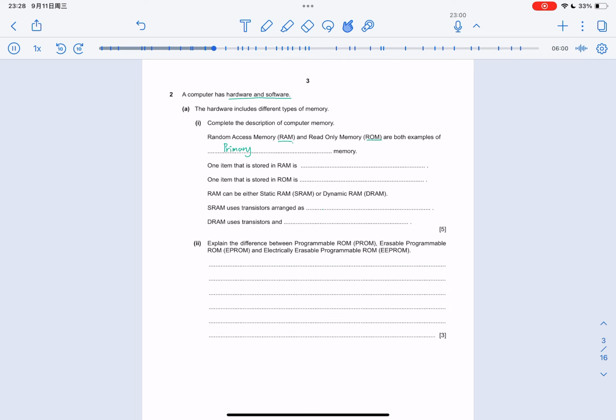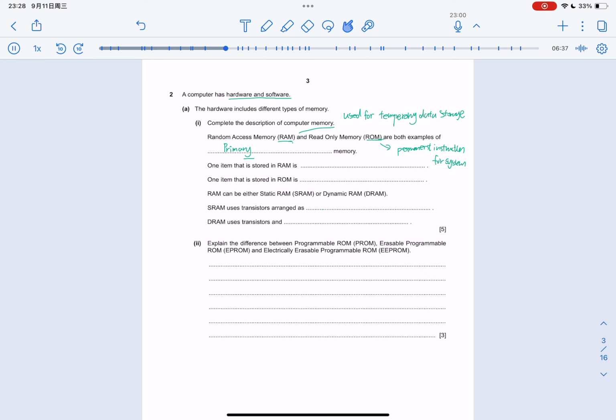Because RAM is used for temporary data storage, and ROM is to store the permanent instruction for the system. So these two are really important for the system. So that's why it's called primary.